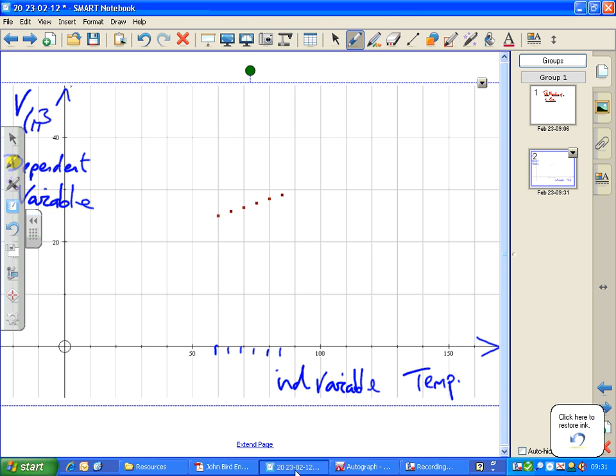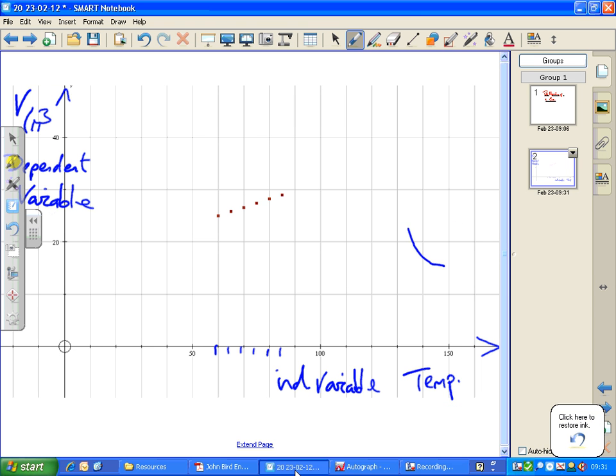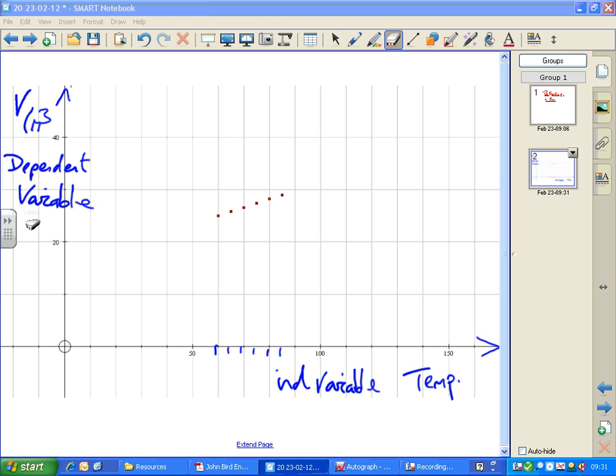So there we have this situation. Independent variable on the x-axis, dependent variable on the y-axis, and we plot the points. Now what I want to try and do is to come up with a function that describes these two.